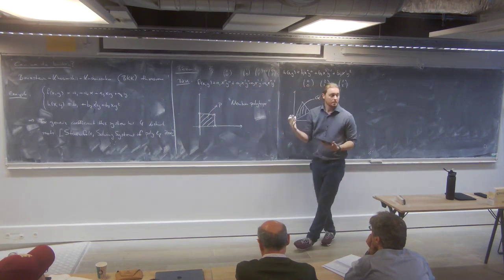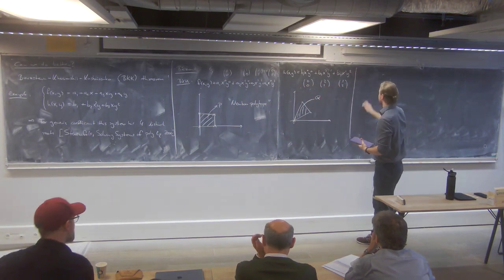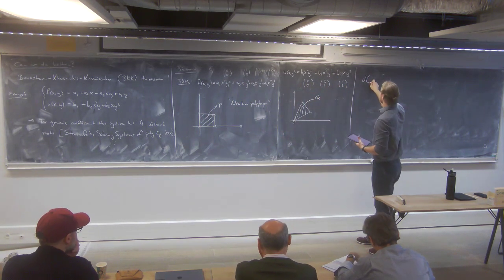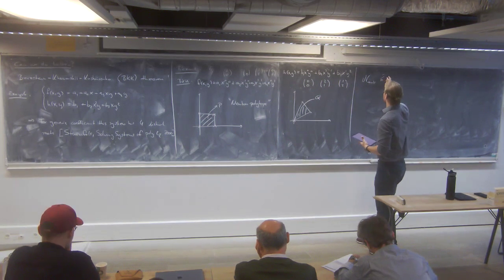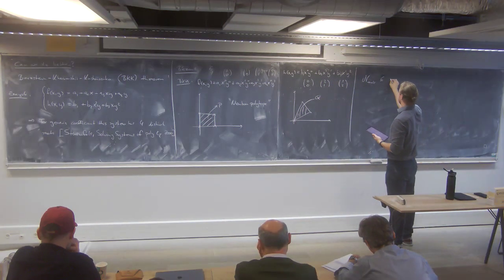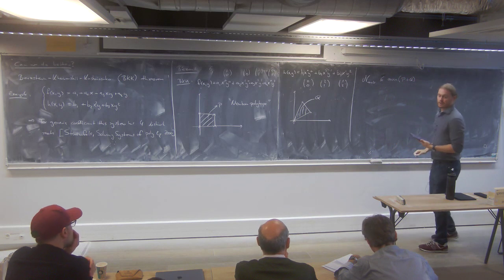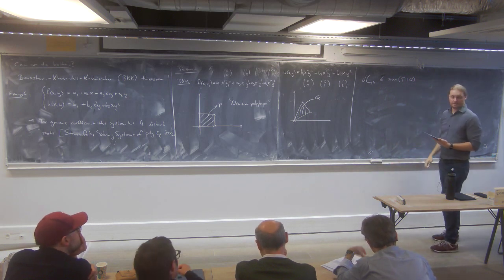And then the BKK theorem tells us that the number of roots is bounded from above by the area of P plus Q. Okay, so I just write it down for the case of 2.